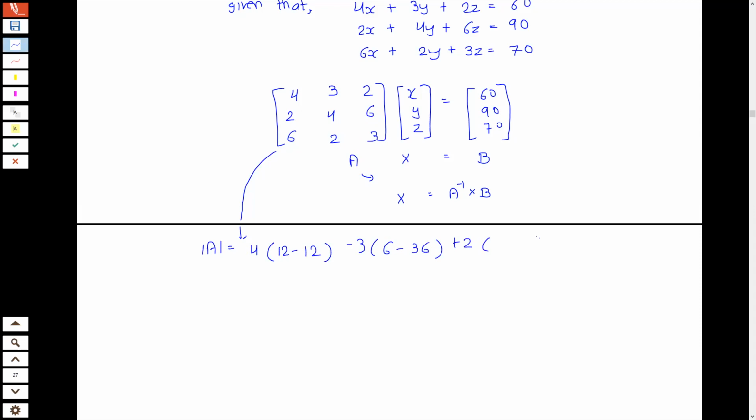Then plus 2. 2 2s are 4. Then 4 6s are 24. So it is 4 into 0 minus 3 into minus 30 plus 2 into minus 20. So it is 0 plus 90 minus 40. So value is plus 50.